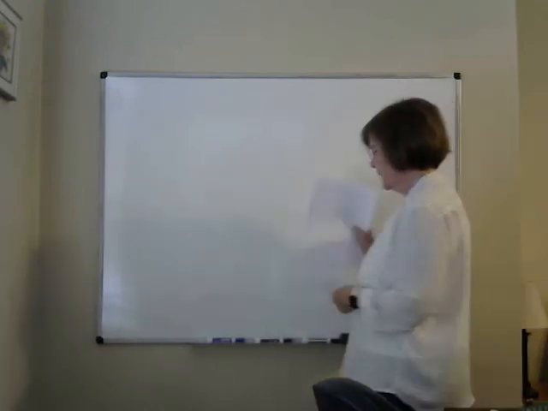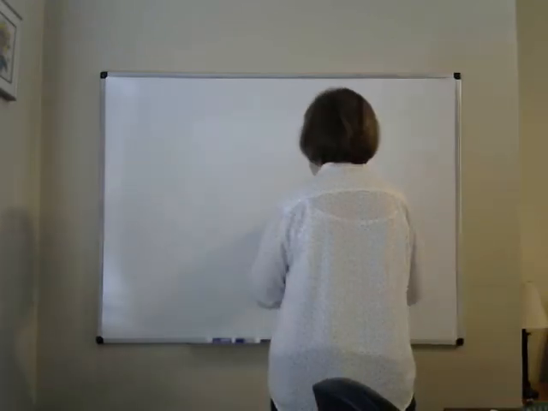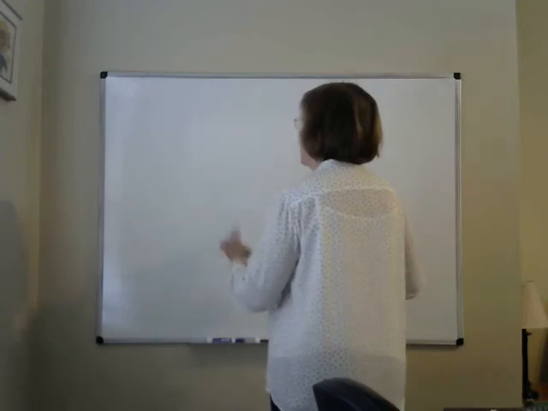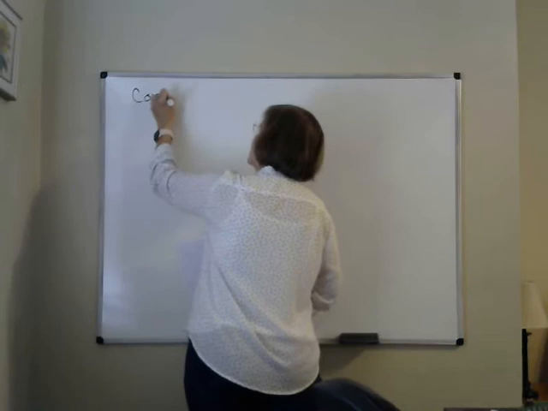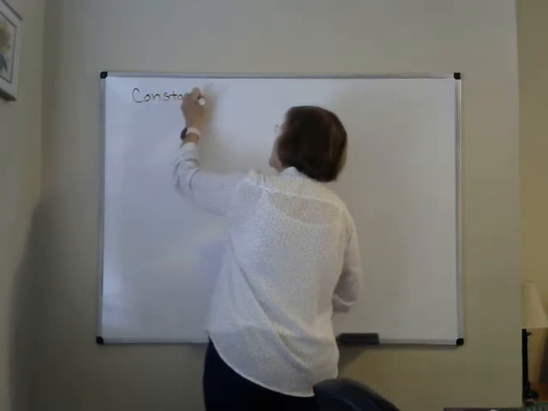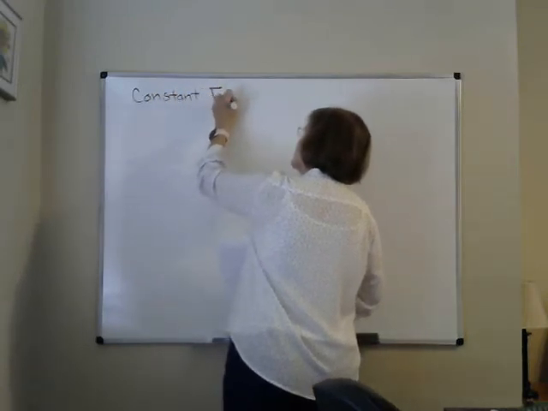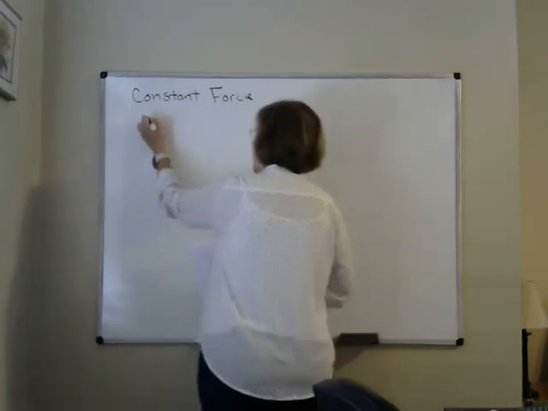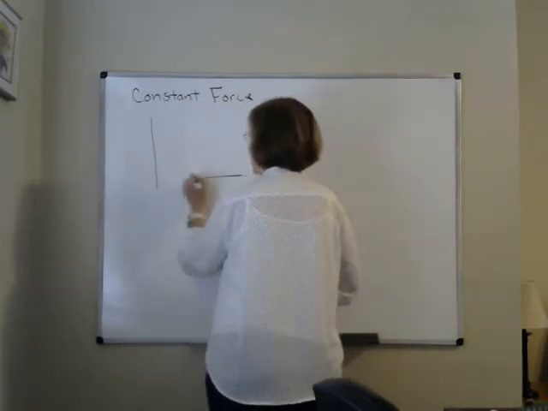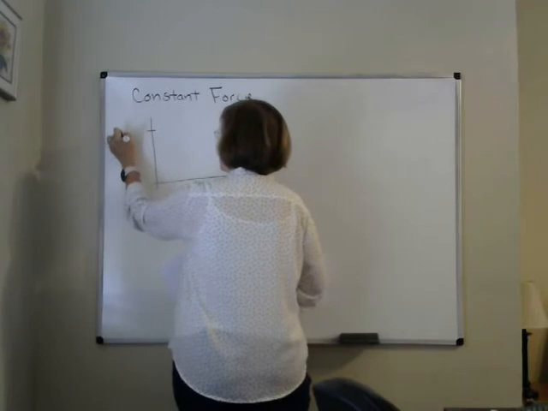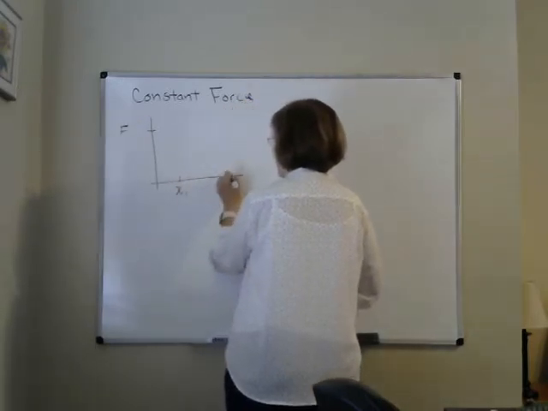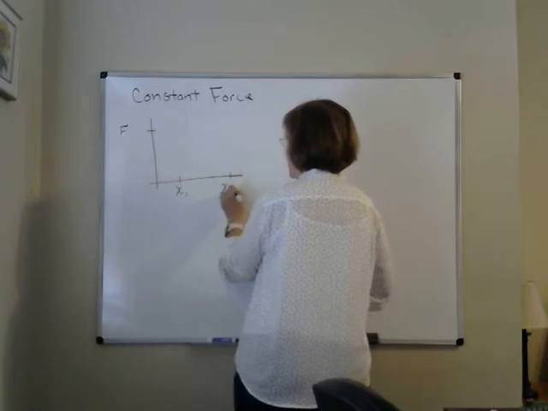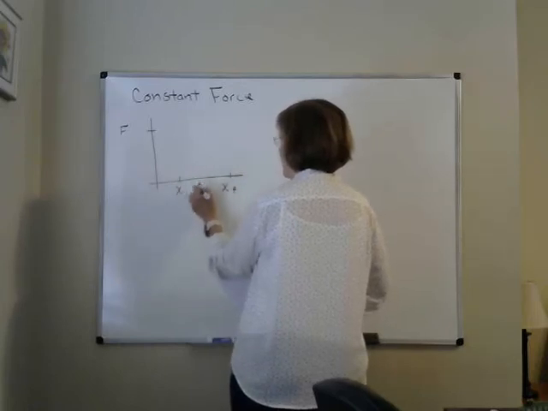So let's back up a little bit. If I use a constant force, I can create a graph that looks something like this. Here's the force. Here's my initial position. Here's my final position. So this distance from here to here is your displacement.